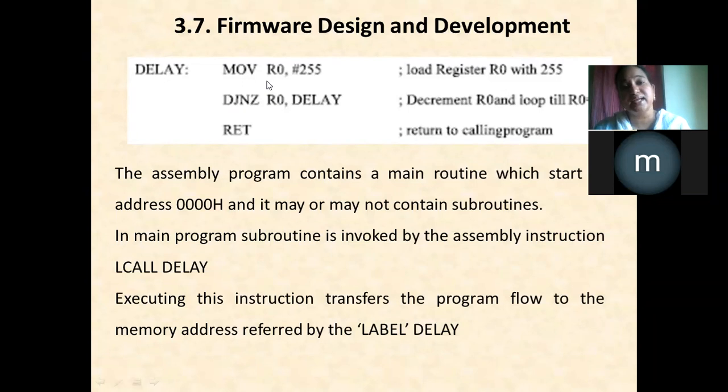So instead of writing these 3 instructions again and again, what we need to do is just call the delay function using the call instruction. Okay, so this delay is called the label. Like that, labels can be used. Executing this instruction transfers the program flow to the memory address referred by the label delay.